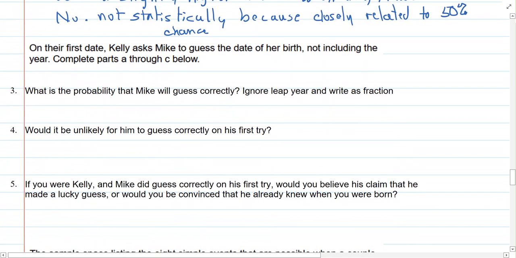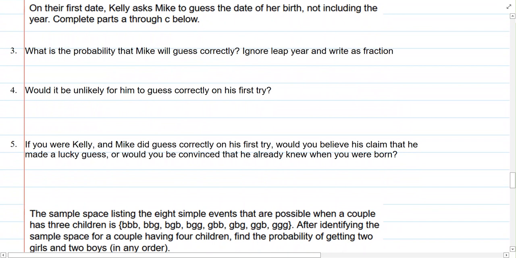All right, so let's do another example. On their first date, Kelly asked Mike to guess the date of her birth, not including leap year.